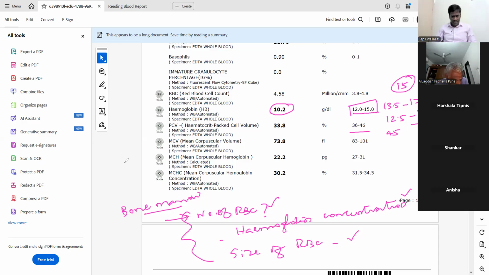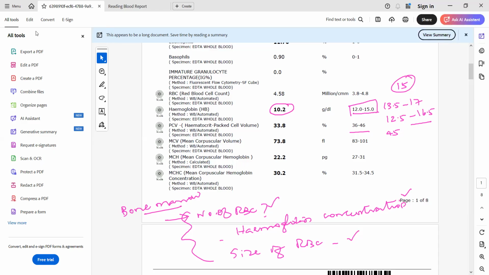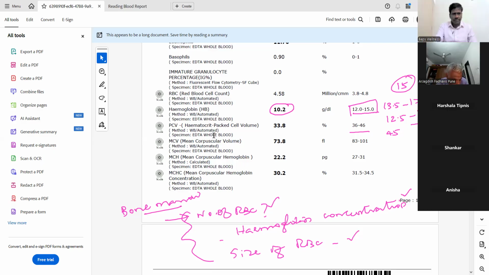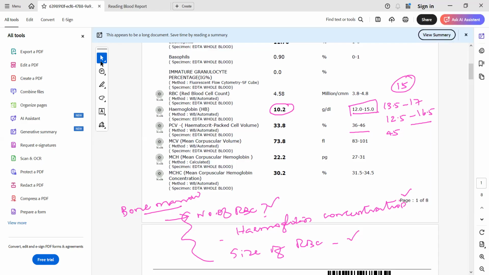That blood production is called hematopoiesis. In that, RBC production is erythropoiesis, which means production of RBC.